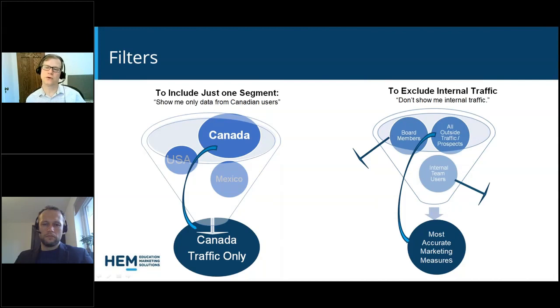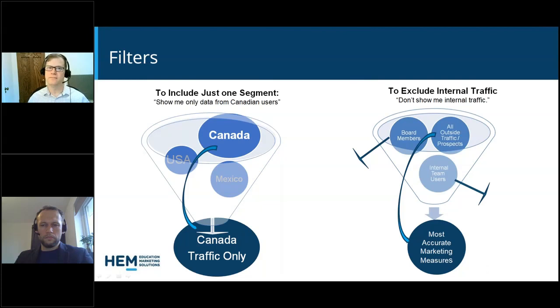You can also approach filters in the idea of excluding specific traffic. And in this case, you definitely want to exclude internal traffic. So you're just saying to Google Analytics, don't show me internal traffic.